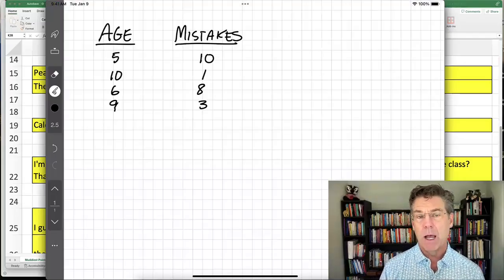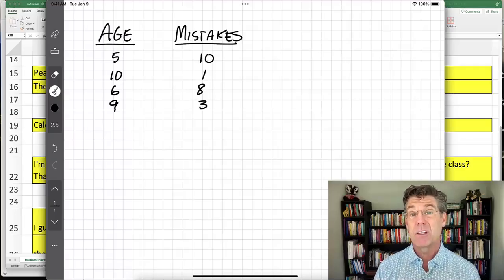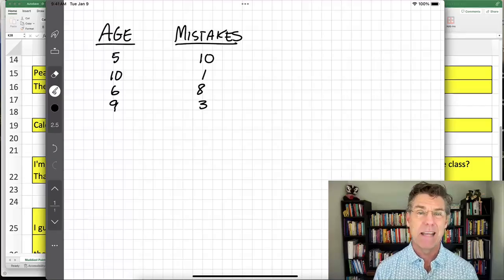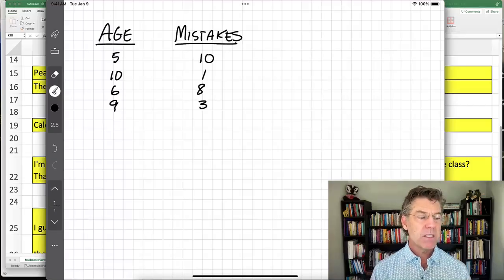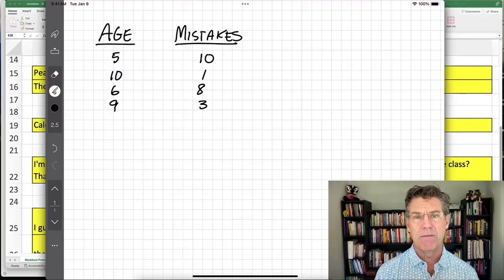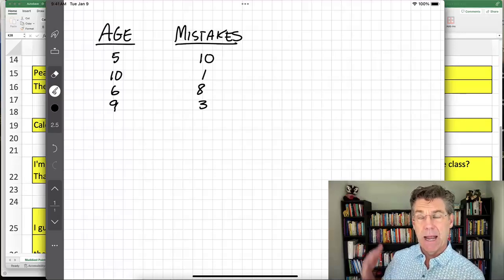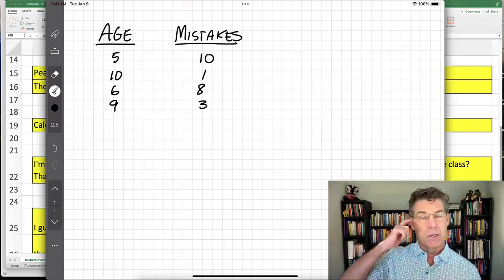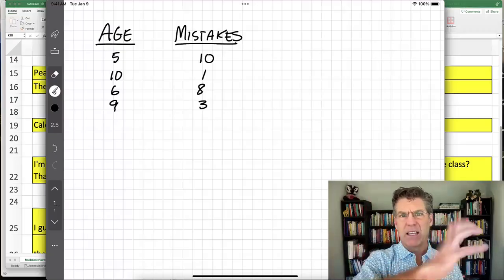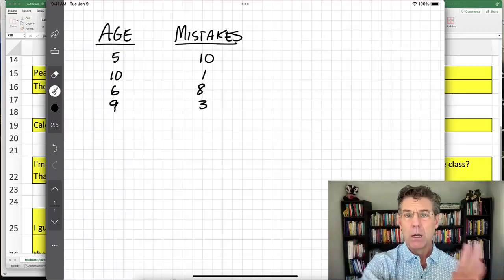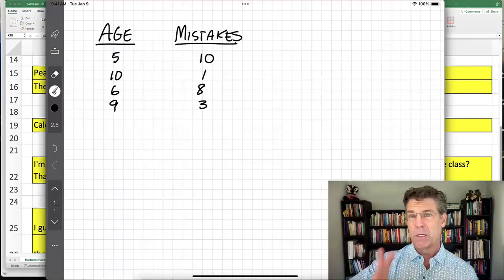We've got 4 participants, and what we've measured is their age as well as the number of mistakes they make. This might be a task, because one of the things we know in developmental psychology is that as we age, there are certain types of mistakes we tend to make when we're younger that, as our brain develops, we no longer make.